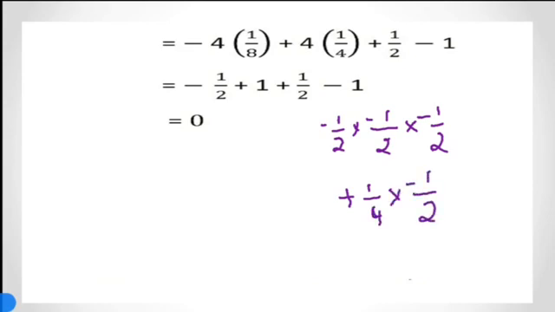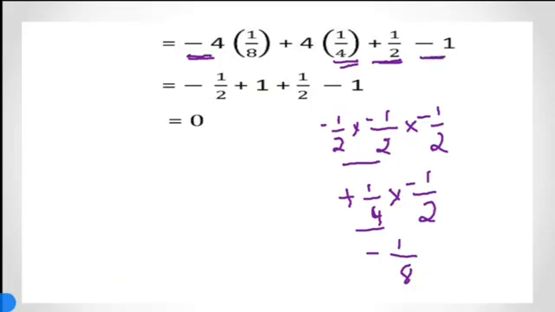So again plus into minus we get minus. So 1 by 4 into 1 by 2 we get 1 by 8. So here we write minus outside and 4 into 1 by 8 plus, similarly multiply minus 1 by 2 two times we get plus 1 by 4 here. So we write plus 1 by 4 here and minus into minus 1 by 2 becomes plus 1 by 2 here and minus 1 we write as it is.